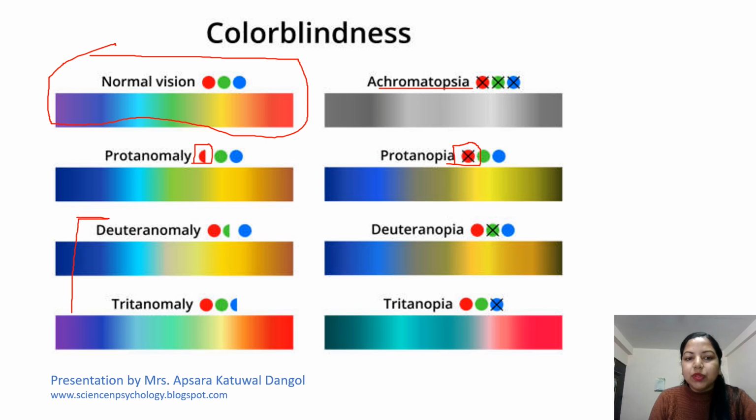You can see the M cones and S cones have the mild shift and total lacking in this figure. So this figure is really important. You can take a screenshot of this figure so you can understand color blindness well.